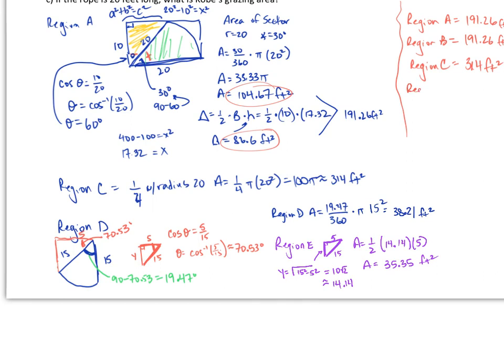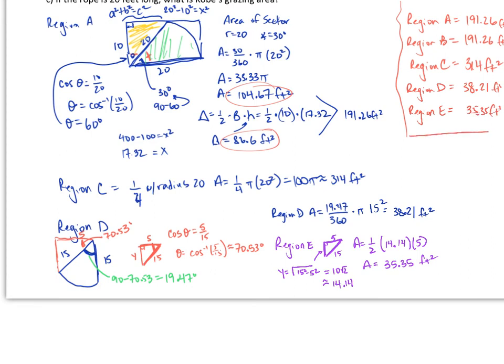We have region D, and we said that was an area of 38.21 square feet, and region E, which we said was 35.35 square feet.